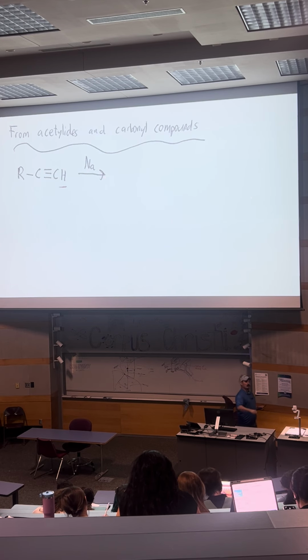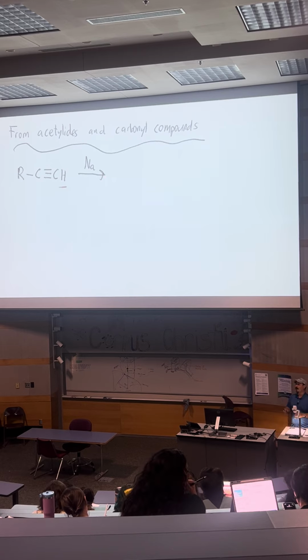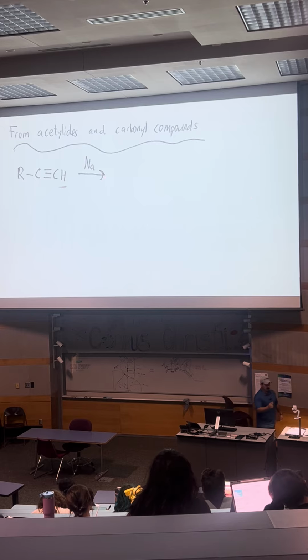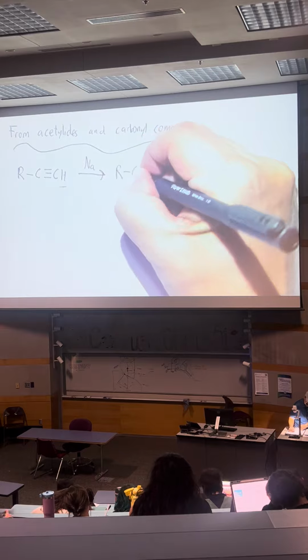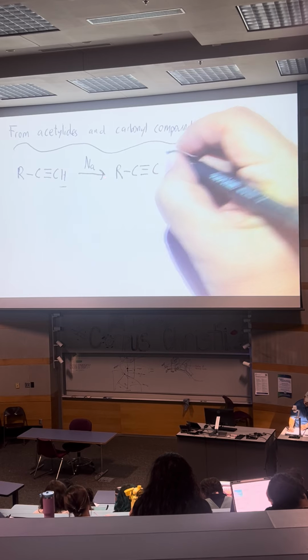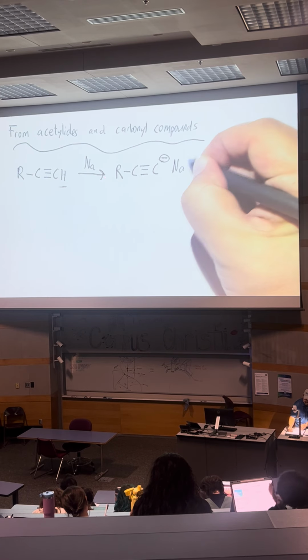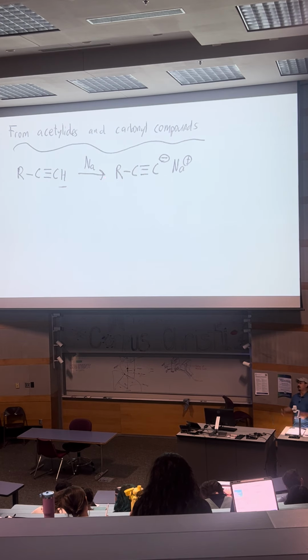If we drop in sodium or potassium with alcohol, you deprotonate the alcohol to trap it as either the sodium alkoxide or the potassium alkoxide. If you do this with the terminal alkyne, what you end up generating is the deprotonated acetylide. And if you use sodium metal, then this becomes the sodium acetylide salt. If you use potassium, it's potassium acetylide salt.